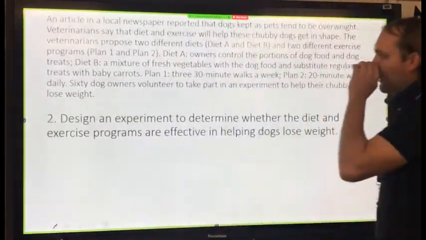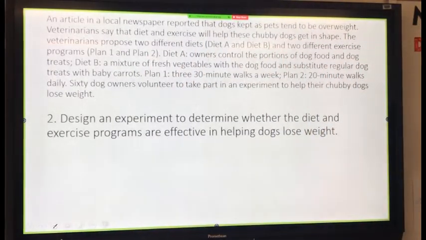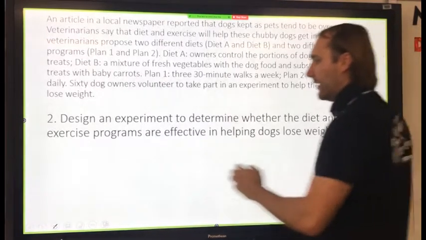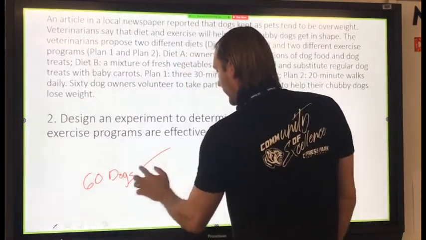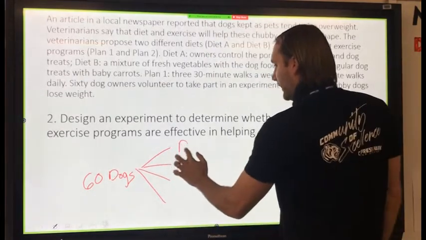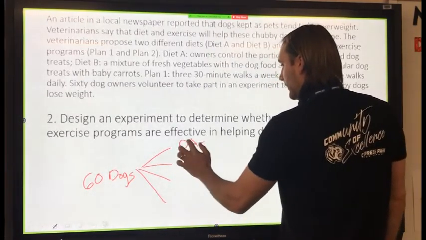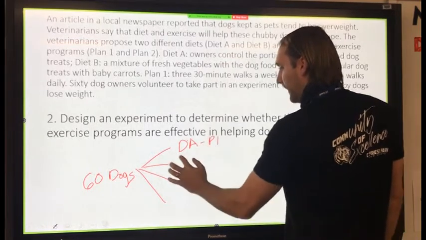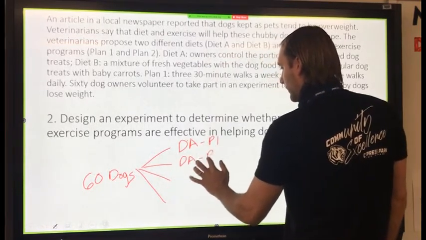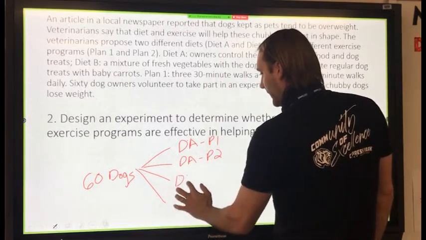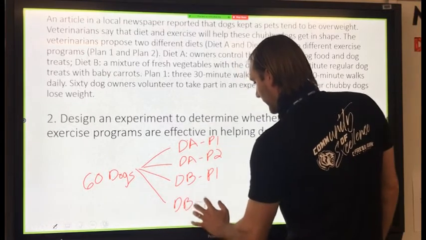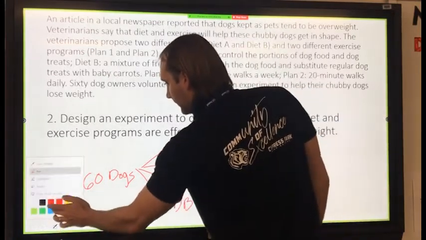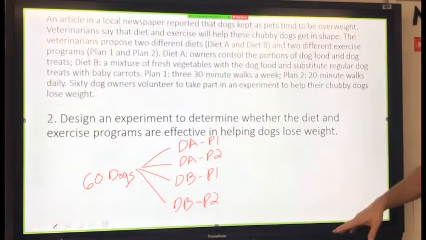Now, design an experiment to determine whether the diet and exercise programs are effective in helping dogs lose weight. I have a total of 60 dogs. You've already told me the treatments: Diet A with Plan 1, Diet A with Plan 2, Diet B with Plan 1, and Diet B with Plan 2. Now, I only have 60 dogs, so how should I separate them?